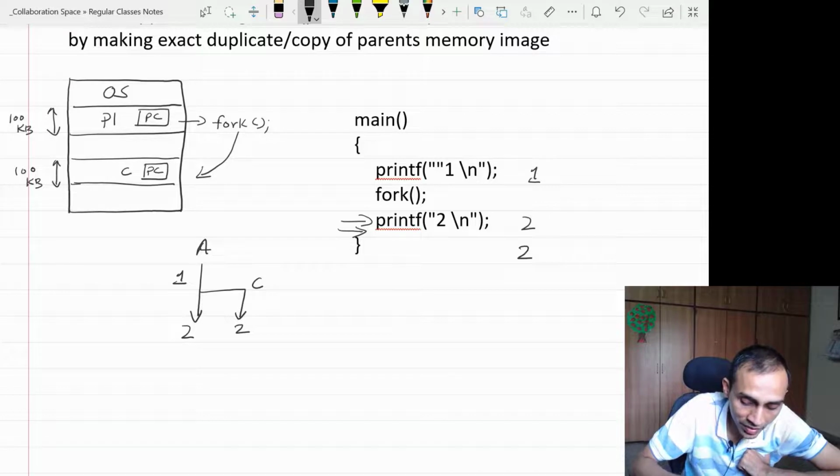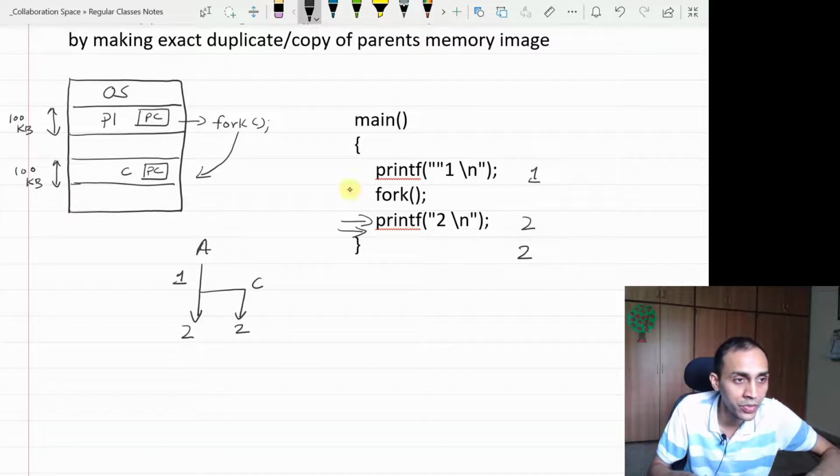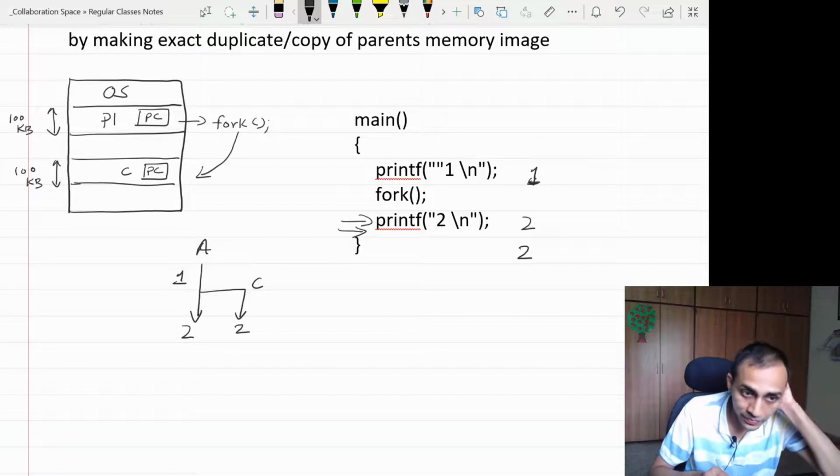The order may change. Process C may execute this instruction first or process A may execute it first; that depends on how the OS schedules the 2 processes. But both are going to execute this printf instruction. So 2 is going to come 2 times.